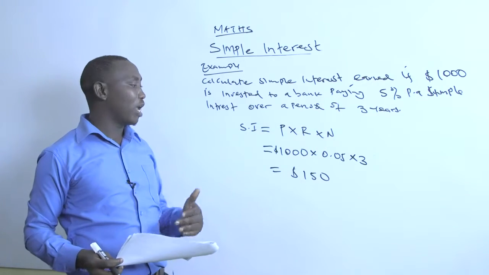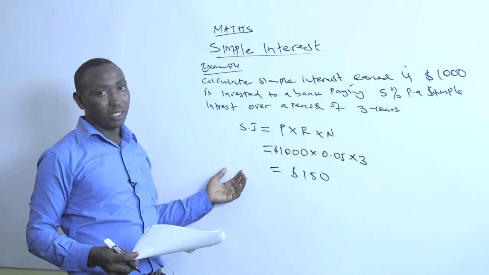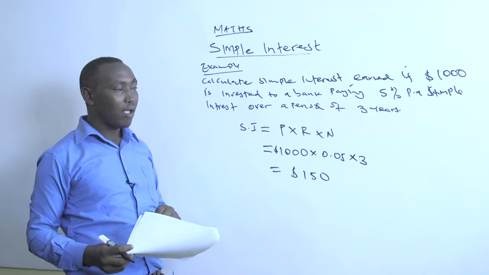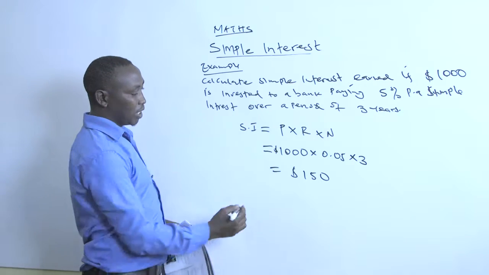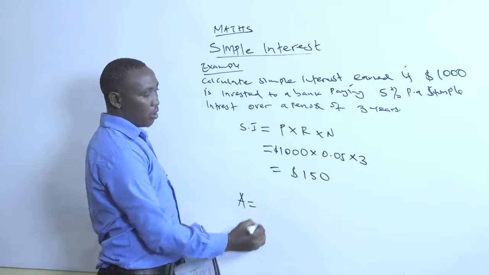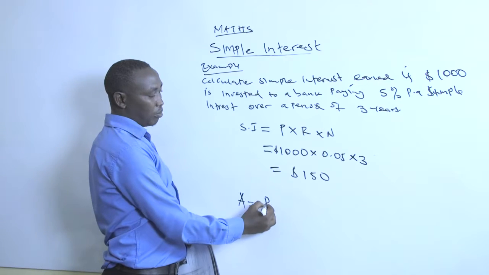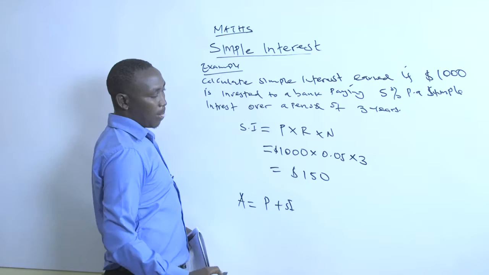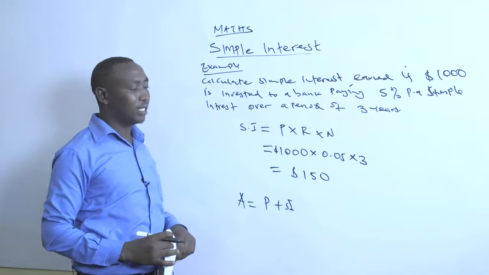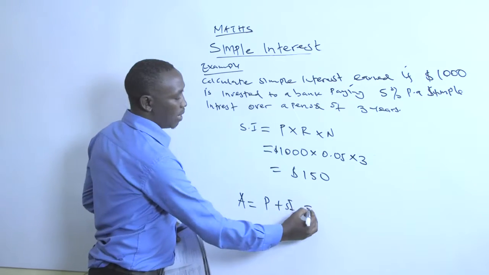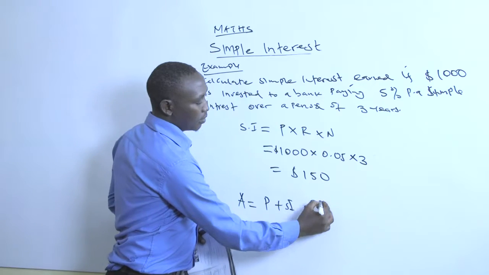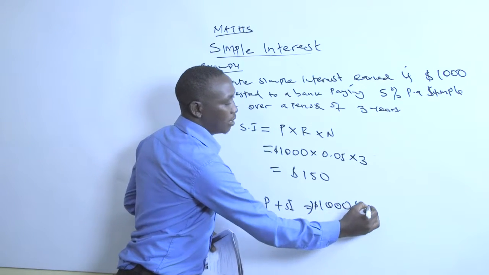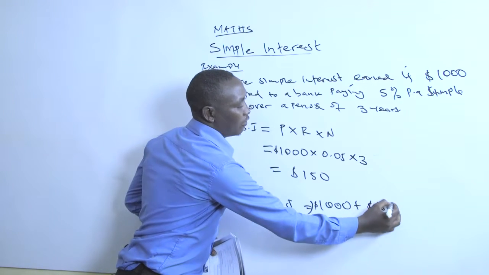Now, as we said, you can be asked to calculate the total amount that this person might be able to take home after the 3 years. So in this particular case, amount, we'll get it by taking the principal plus the simple interest, and our simple interest in this case is 150. So that will be 1,000 US dollars plus 150.